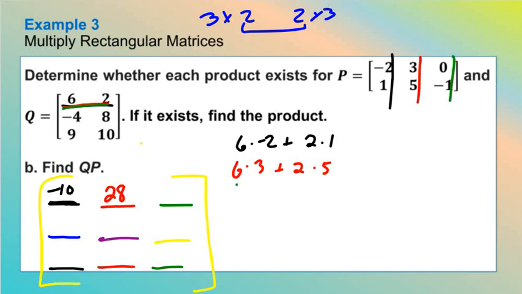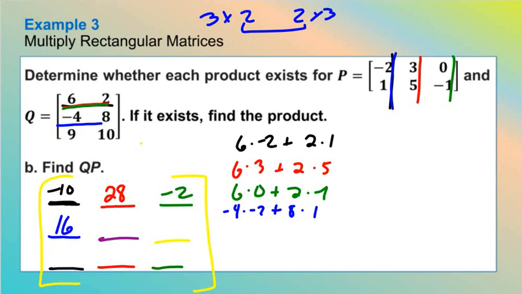So we have 6 times 0 plus 2 times negative 1. So this will give us negative 2. Next, we're in row 2, column 1. So this is negative 4 times negative 2 and plus 8 times 1. So that gives me 8 plus 8 is 16.